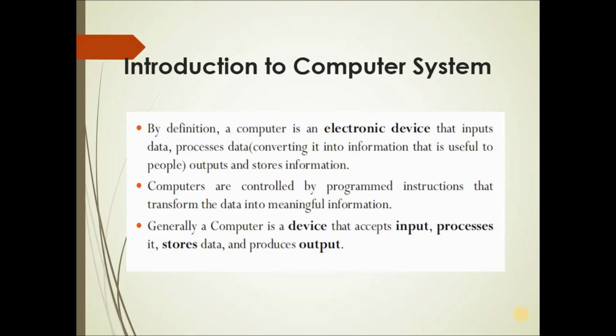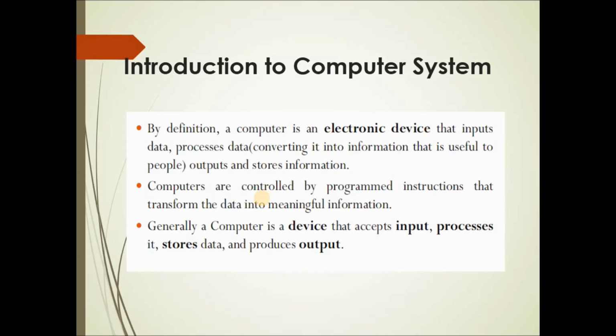Okay, so by definition a computer is an electronic device that inputs data, processes data, outputs and stores information. Computers are controlled by program instructions that transform the data into meaningful information. For that you have to know the difference between data and information.